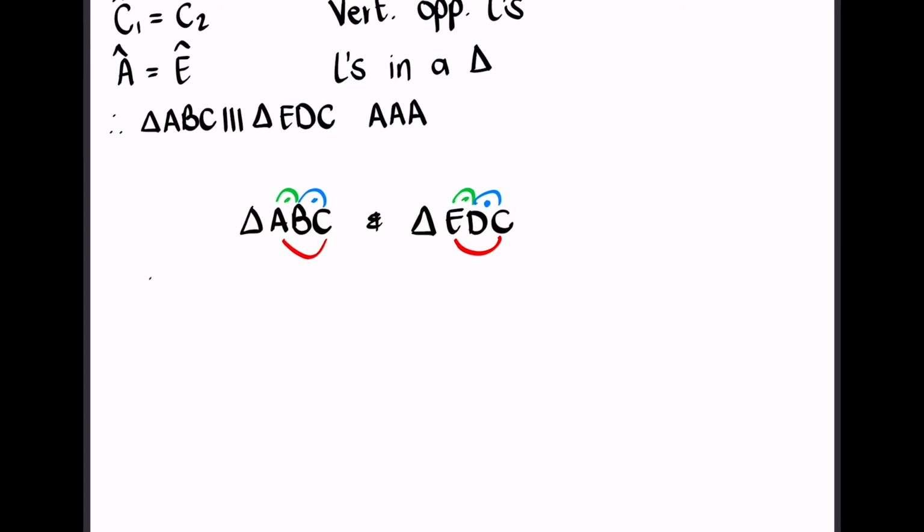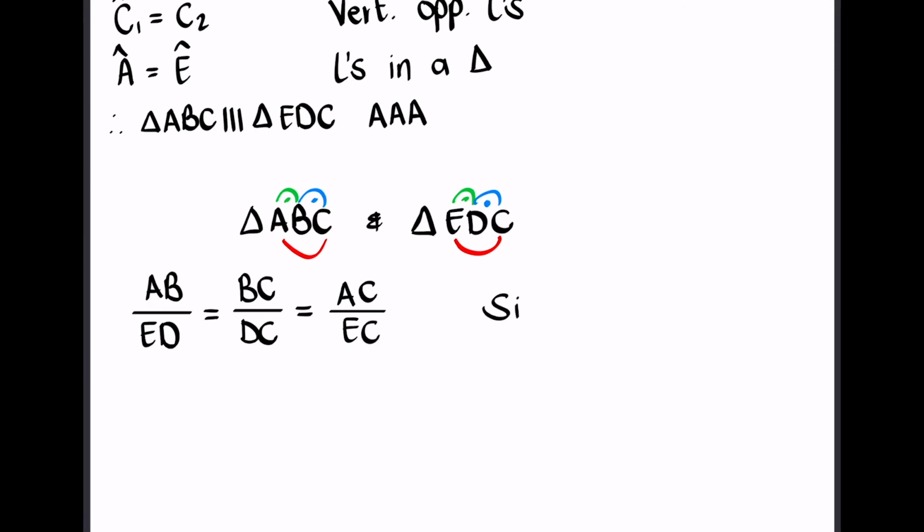So I can say that AB, which is the left eye, over ED, which is the left eye, is equal to BC, which is the right eye, over DC, which is the right eye, which is equal to AC, which is the smile or the mouth, over EC. Why am I stating that those are in proportion? Because of similar triangles.